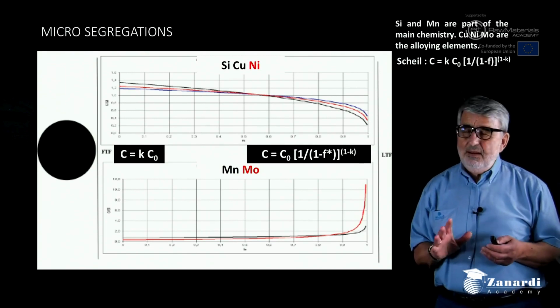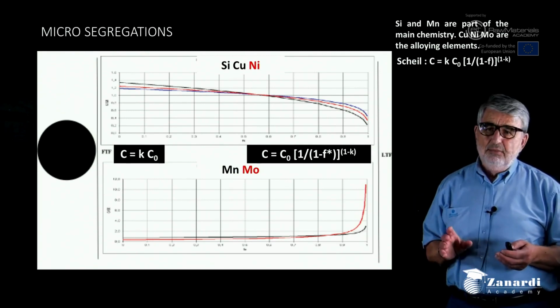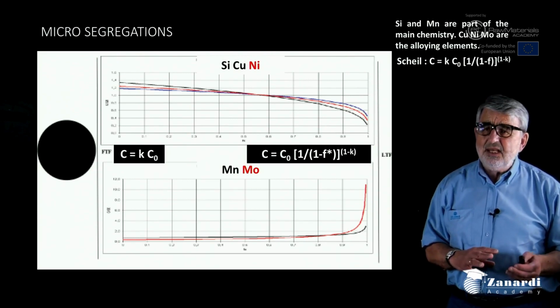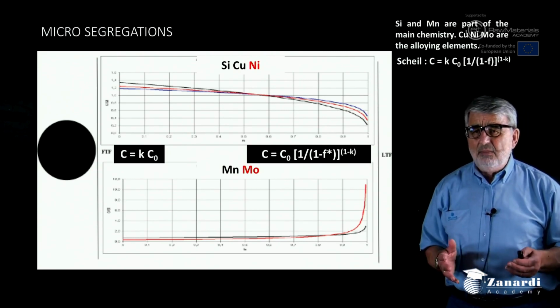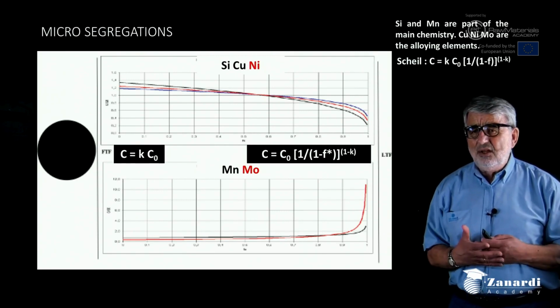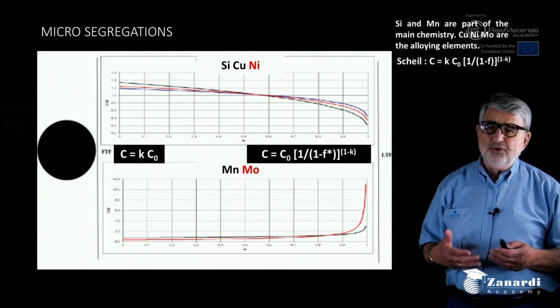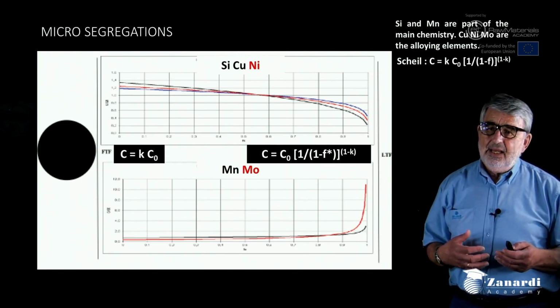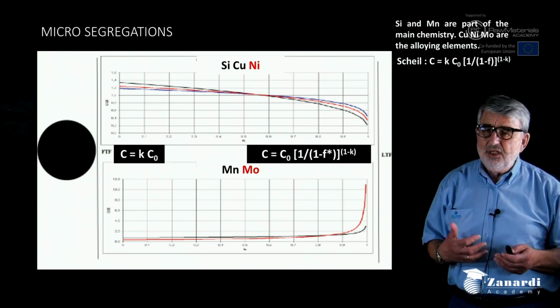And this is very important to be considered because it depends very much not only on the casting thickness and the nodule count, but also on the chemistry adopted and the inoculation technology and all the metal treatment processes that each foundry is using.